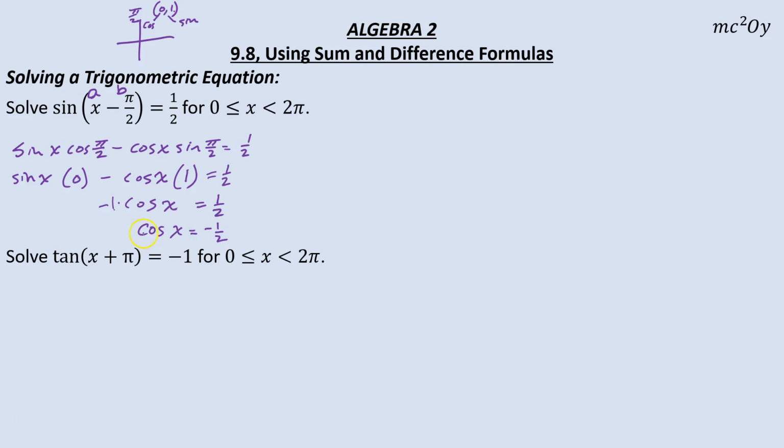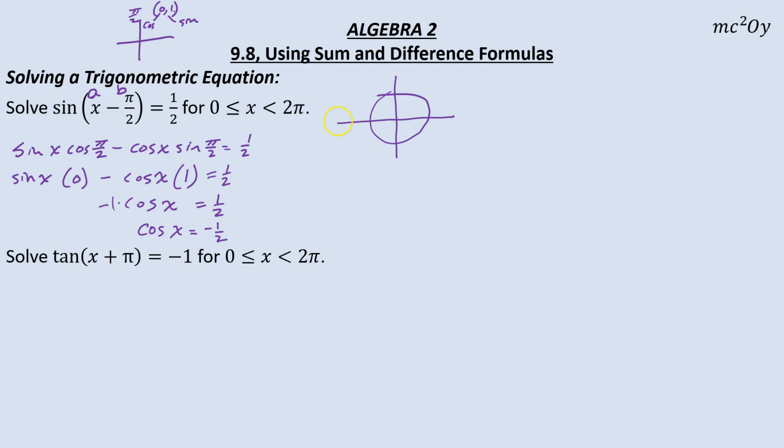So what this is saying is, when does cosine equal negative 1/2 in the unit circle? So think to yourself, you have your unit circle, right? And we know that cosine equals 1/2. Well, where does cosine equal 1/2? Well, cosine is equal to negative 1/2 in this case, so cosine would have to be negative.